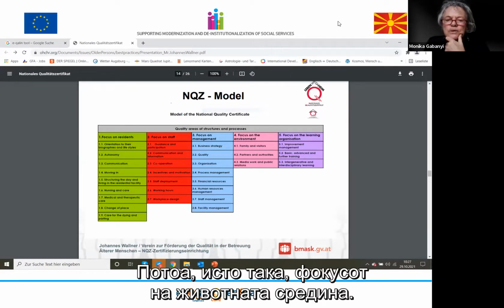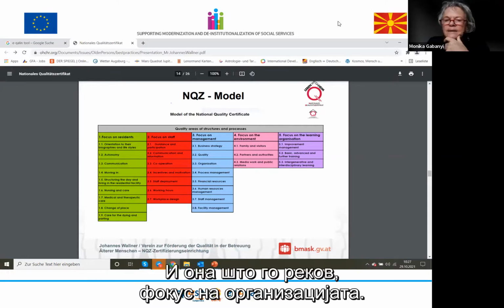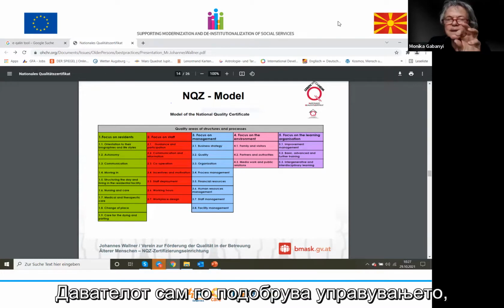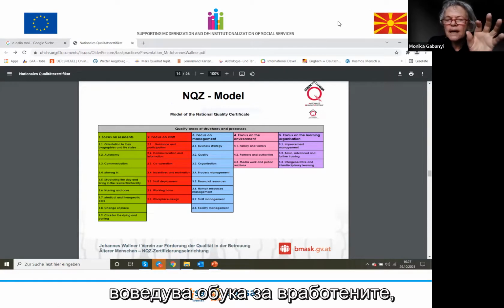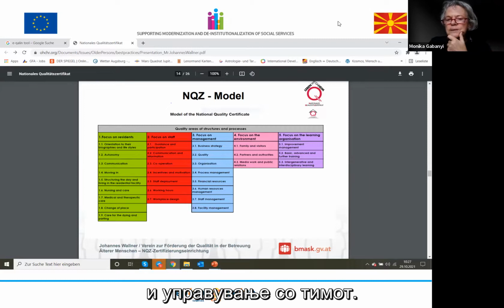Then also the focus on the environment. It means the family, the visitors, partners, media work, public relations. And what I said, the focus on the learning organization, that the provider in itself improves, for example, the management, basic, advanced, and further training for the staff, intergenerational and interdisciplinary learning and team management.